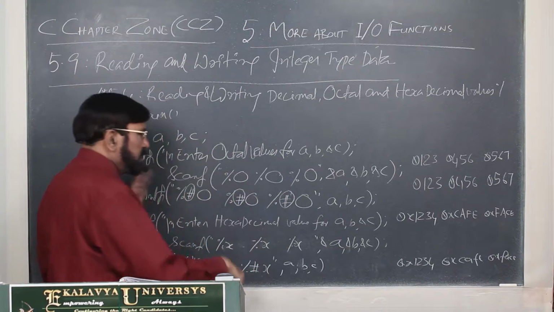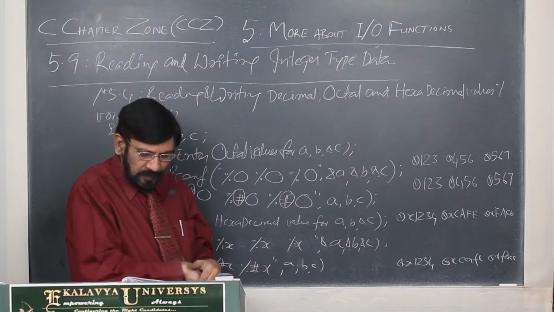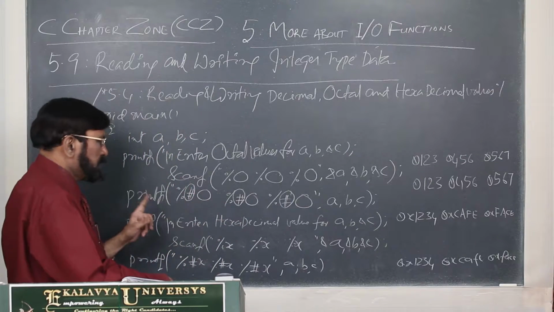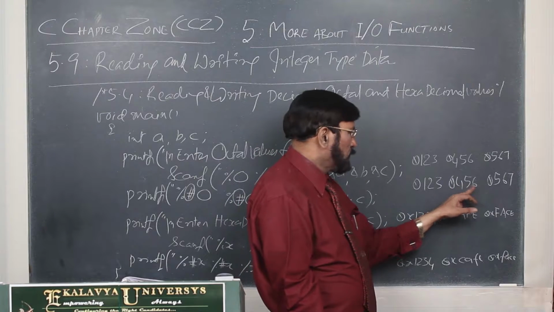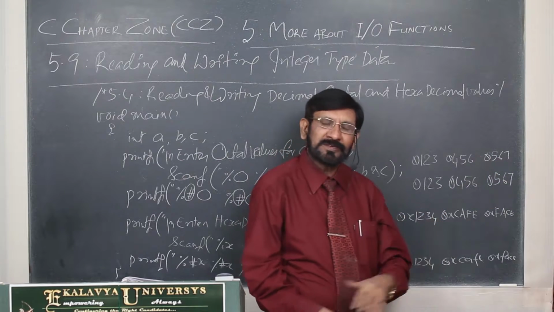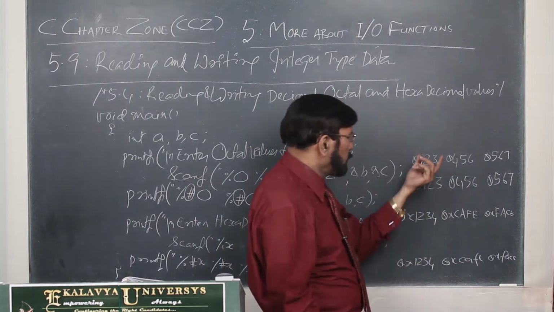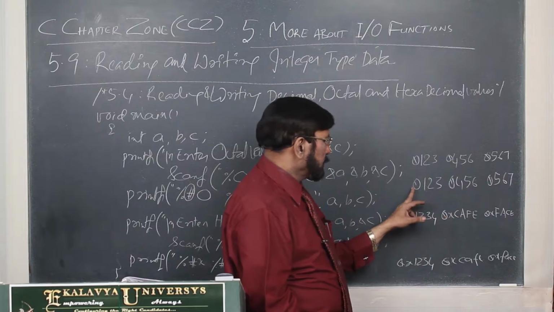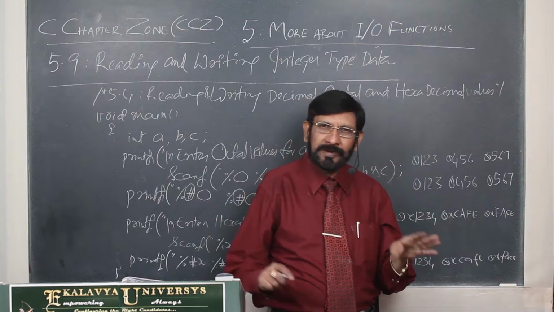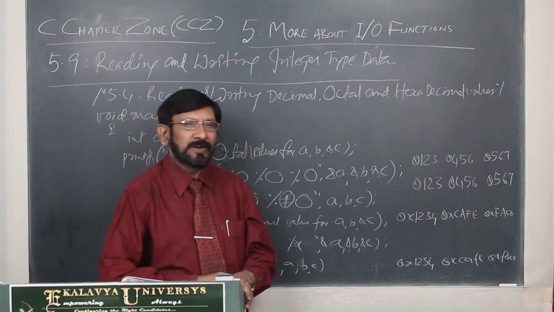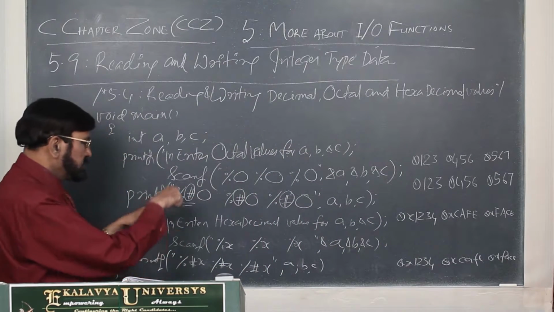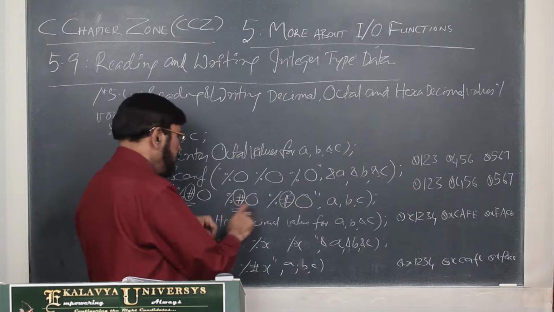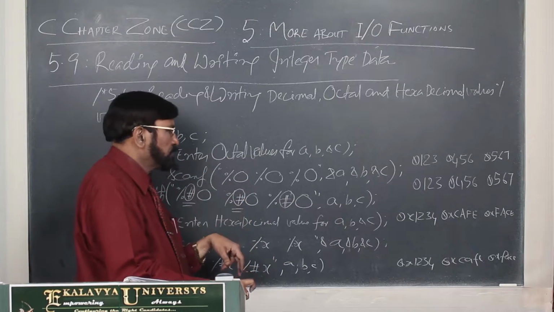First you try without the hash symbol. Without the hash symbol in printf, if you write, you would have got 123, 456 and 567. Even though it is an octal number, the leading 0 is not printed by default. So what should you do? For that purpose, in printf, we insert a hash symbol between the percent sign and o.